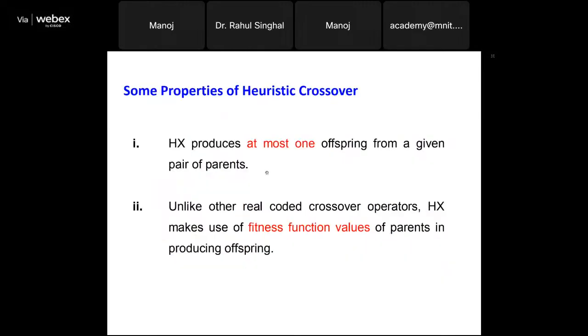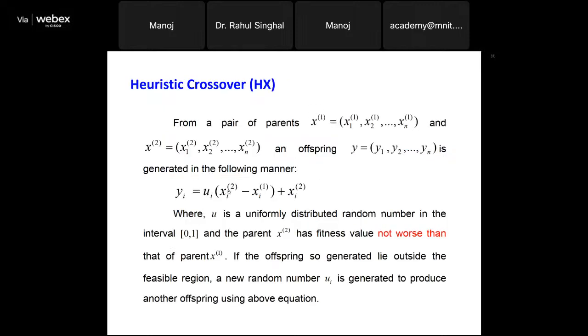The important thing is that only one offspring is produced. The second thing is that if you use this formula, because we are adding a vector, if we talk about all the components, it may happen that after producing yi, this yi may go beyond your limit ai, bi.